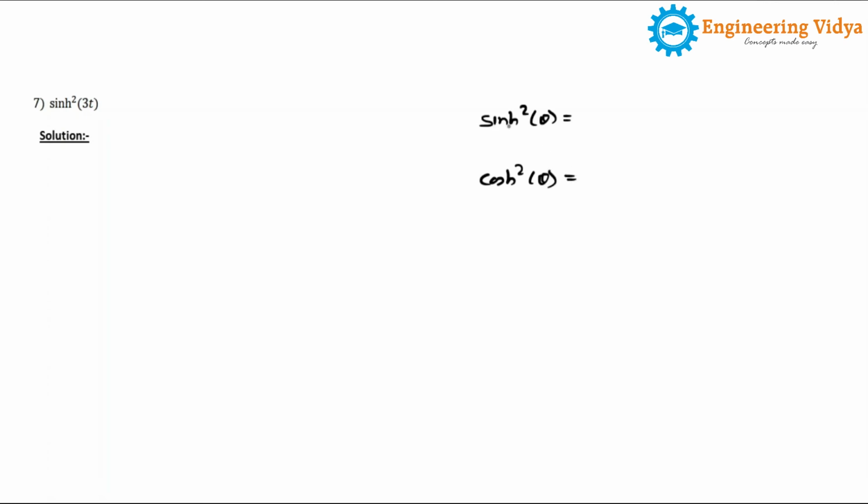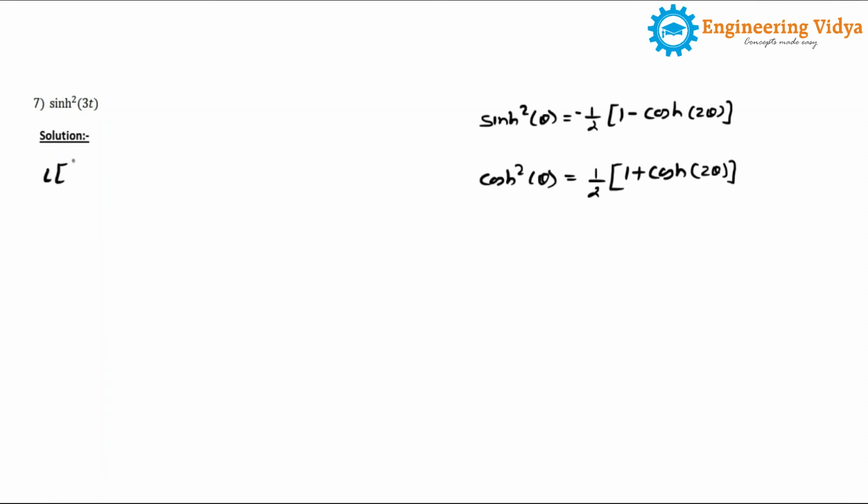The half angle formula for the sin hyperbolic square theta is nothing but 1 by 2 will come, and then 1 minus cos hyperbolic 2 theta will be there, and here sin is there, so outside minus sign will come. If cos is there, then it will be same, right? 1 by 2 and 1 plus cos hyperbolic of 2 theta, and based on this formula we can solve this hyperbolic type of problem also, right?